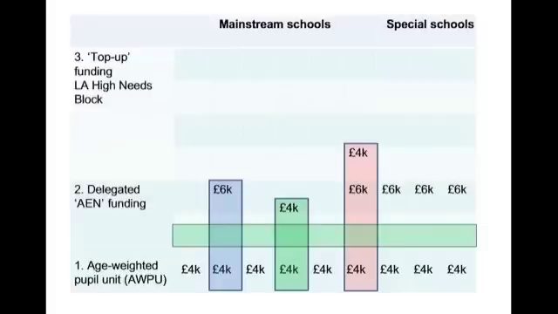And then on top of that, the local authority will need to fund places at special schools in relation to the cost of those places. So this special school, for example, is going to cost a total of £20,000 per pupil. So that's £10,000 on top of the core £10,000 that special schools will be allocated on the basis of the number of places that they have.